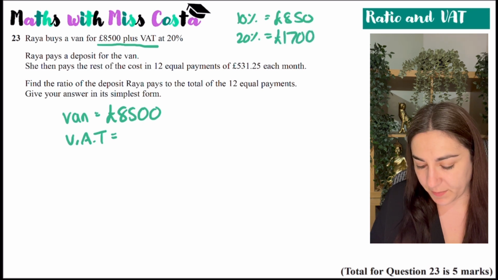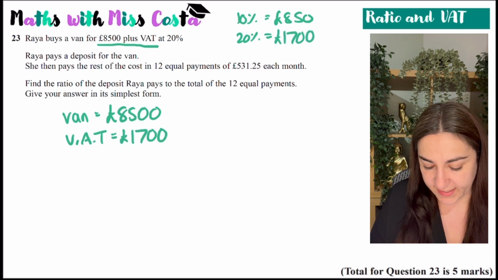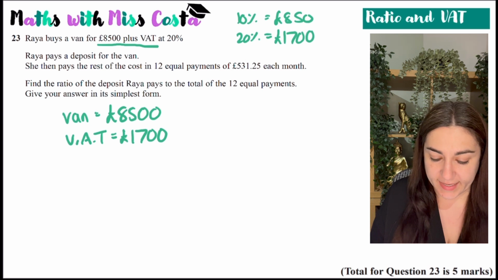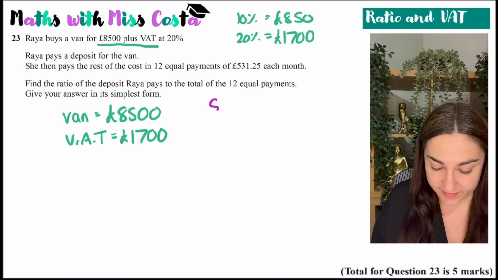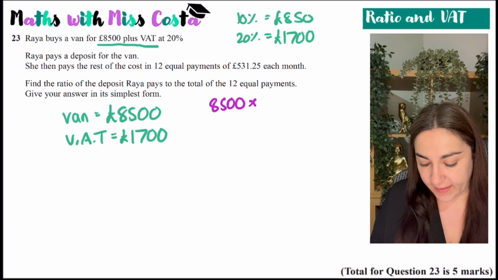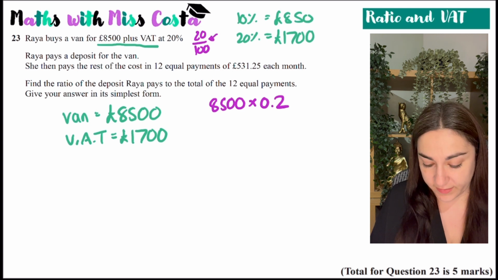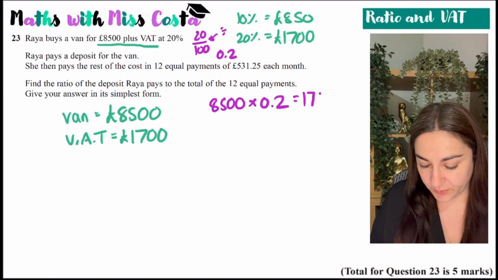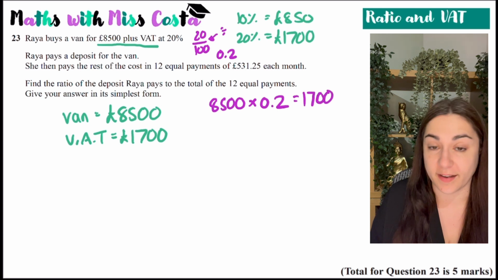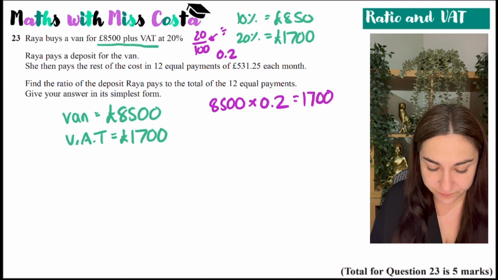So the first step might be to just work out what the cost of the VAT is. If you wanted to do it on the calculator, we could have just done 8,500 times 0.2, because 20% means 20 over 100, 20 divided by 100, this line means divide, is 0.2. So to work out 20% using a calculator, I can use the multiplier method.